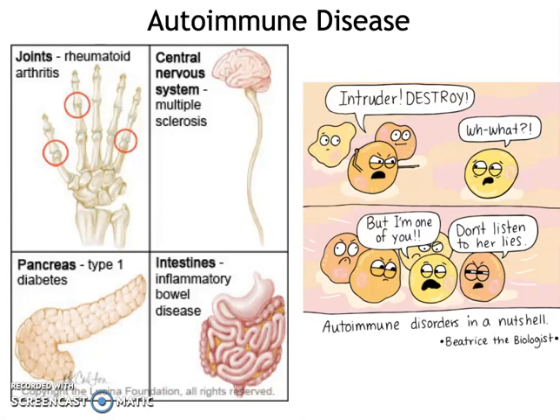Another one that's not listed here is lupus, which is particularly devastating and very hard to diagnose because it's when the immune system attacks many portions of the body, including the heart, joints, skin, and lungs. The causes of autoimmune diseases remain largely unknown, though again, genetics and the environment likely play a role.